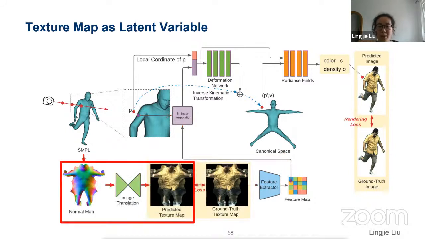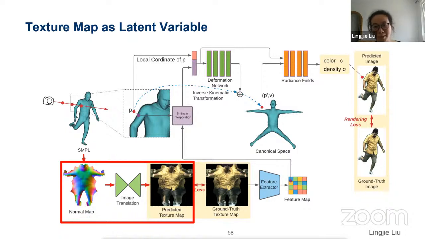The third advantage of using texture map as a latent variable is that, as we mentioned, the mapping from pose to this latent variable needs to be a many-to-many mapping. And this many-to-many mapping can be easily formulated as an image translation problem that maps from the normal map to this texture map.